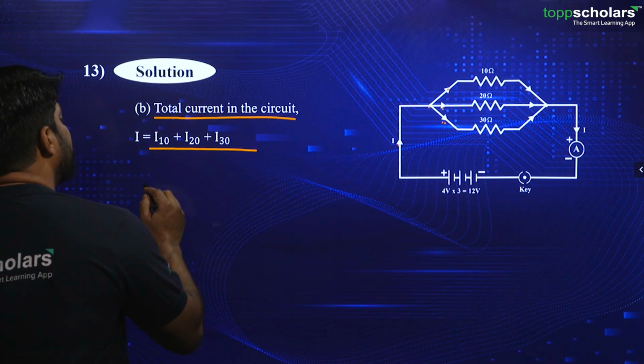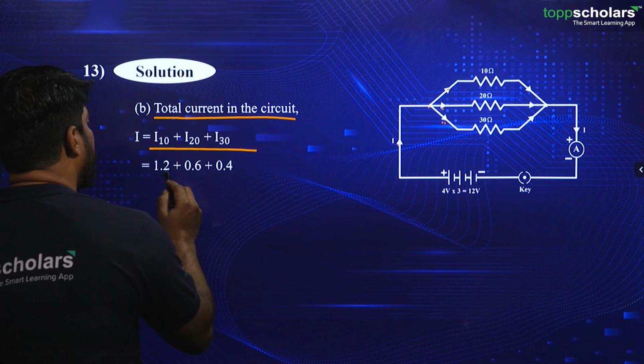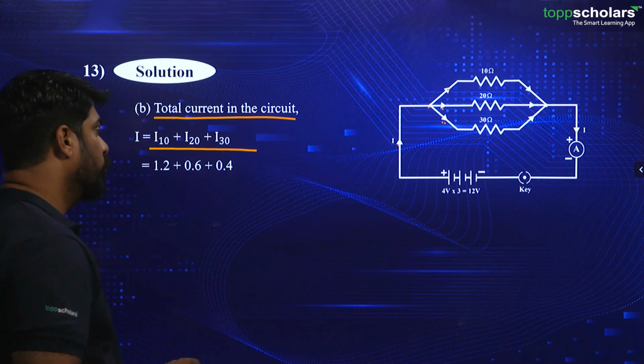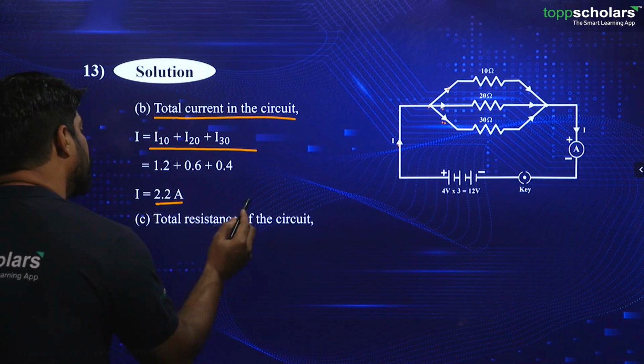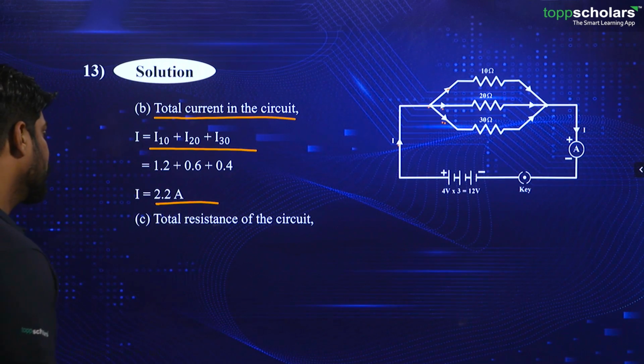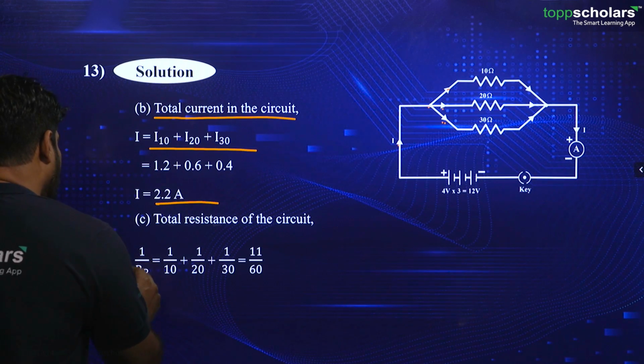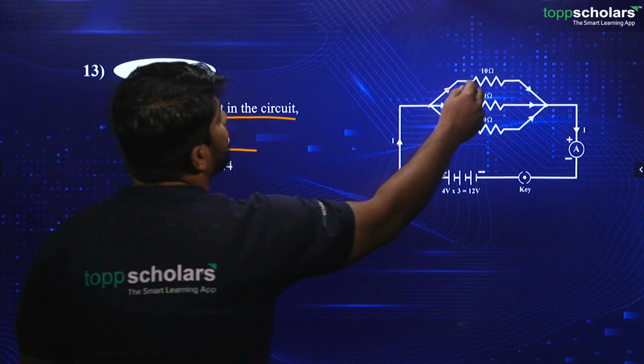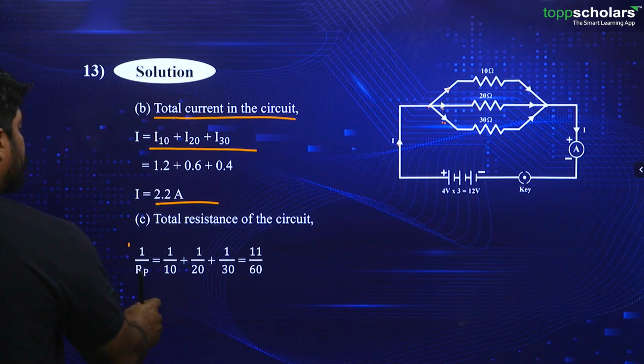So let's add these 3 numbers. I is equal to 1.2 plus 0.6 plus 0.4, and finally we get 2.2 ampere. The total resistance now we have to calculate. So 1 upon Rp, since they are all parallel, that's why we have to use this formula.